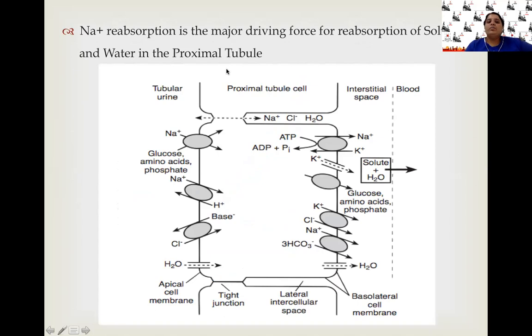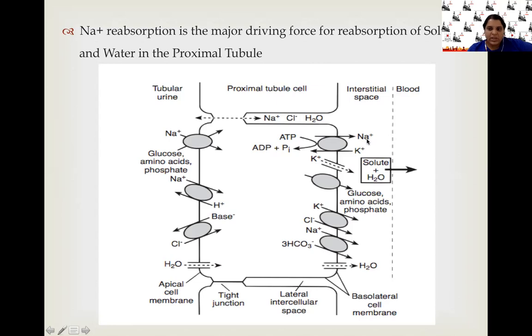In the proximal tubule, this is the apical cell membrane and this is the basolateral cell membrane. The sodium enters the cell downhill along with glucose, amino acids, and phosphates. The sodium that enters the cell exits the cell through the Na+/K+ ATPase or along with bicarbonate.